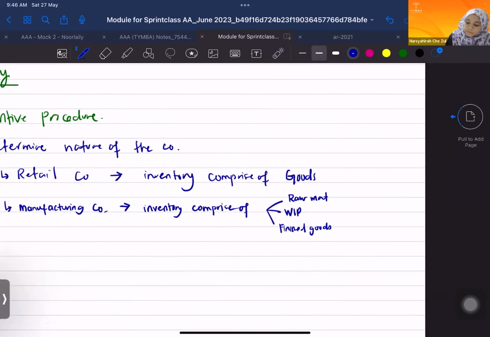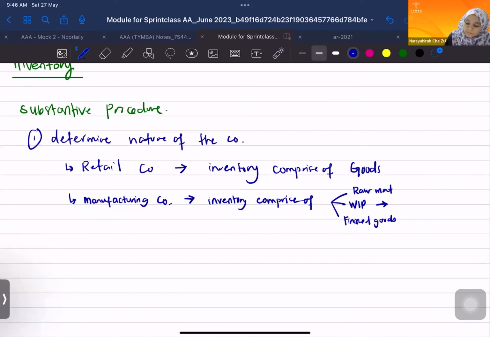And work in progress is based on the percentage of completion.